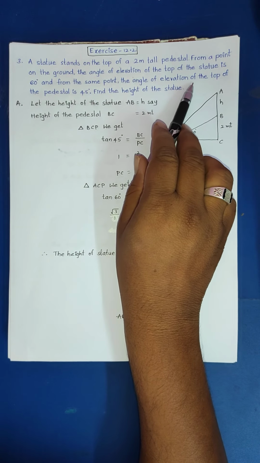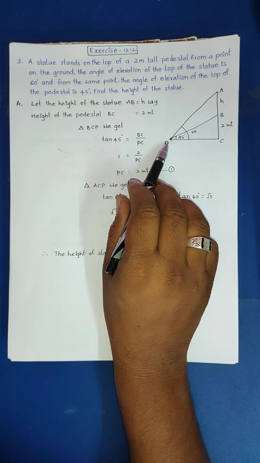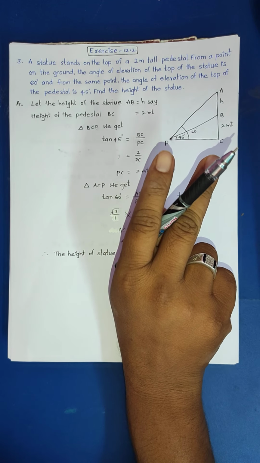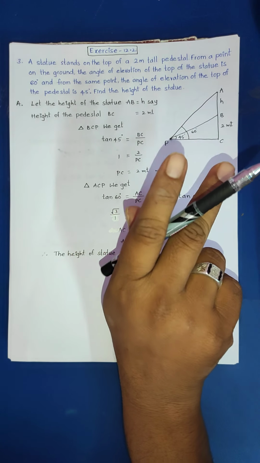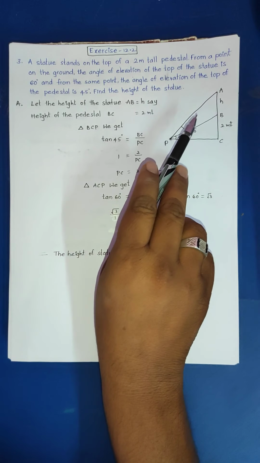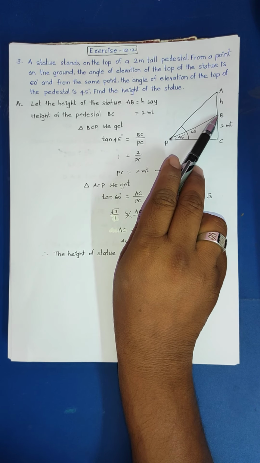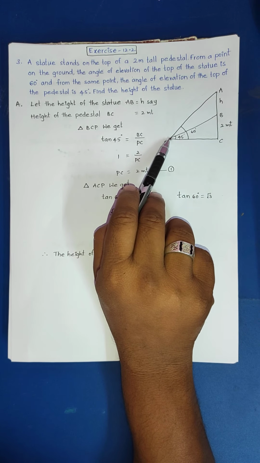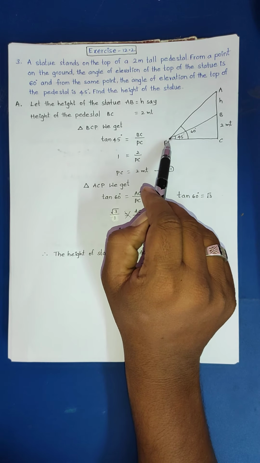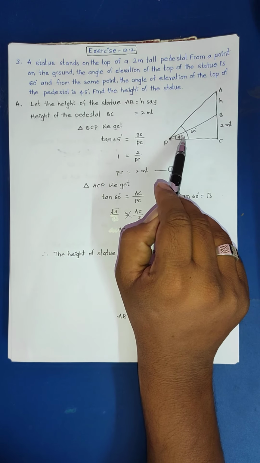The angle of elevation of the top of the pedestal is 45 degrees. This observer sees two different angles two times. First time the top of the statue, second time the top of the pedestal. Okay, from the observer to the top of the statue 60 degrees, from the observer to the top of the pedestal 45 degrees.